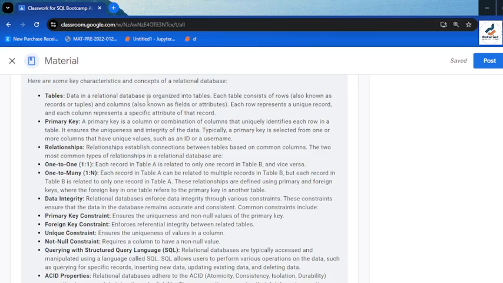Each table consists of rows, also known as records, and columns, also known as fields. Each row represents a unique record, and each column represents a specific attribute of that record. So you might have a product table, and in it you have columns called product name, product ID, product price, right?